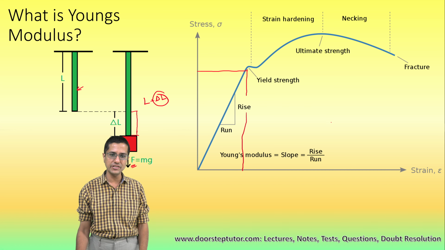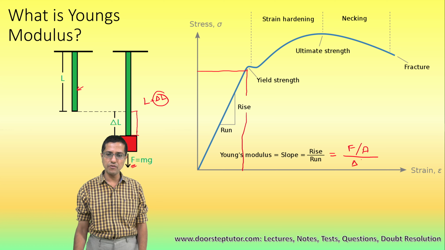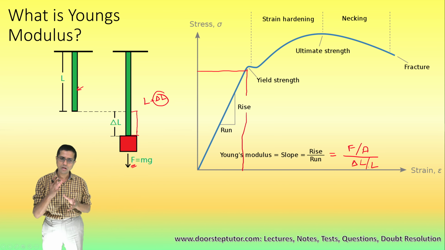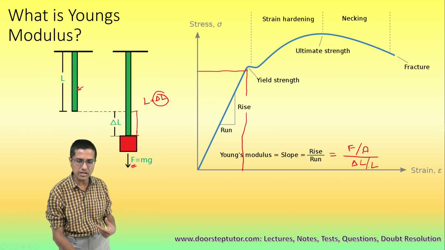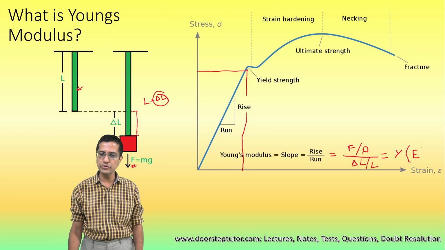So rise is the stress. What is our stress? Stress is the force per unit area. And what is my strain? Strain is the relative deformation. So it is delta L by L. So this is the formula for Young's modulus, and we will use the symbol Y. Although people have also used E in your textbook.